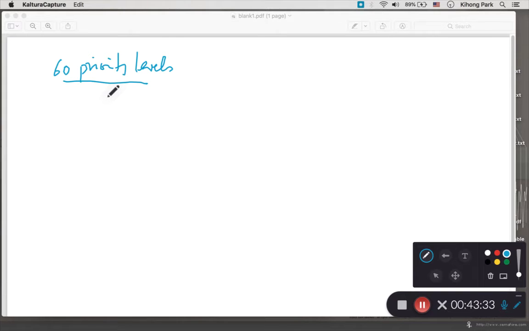And these processes are called TS, time share processes. There are also real-time processes that have a higher priority than these guys, but we are not going to discuss them here. So these priority levels, counting at 0, that's the lowest, number 1, 2, 3, up to 59. So there are 60 priority levels.